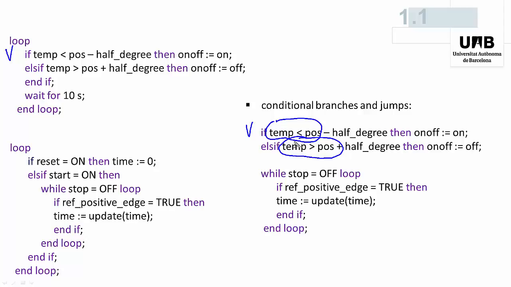Another example is the while loop here of the second algorithm. The corresponding instruction is executed only if condition stop equal to off is true.